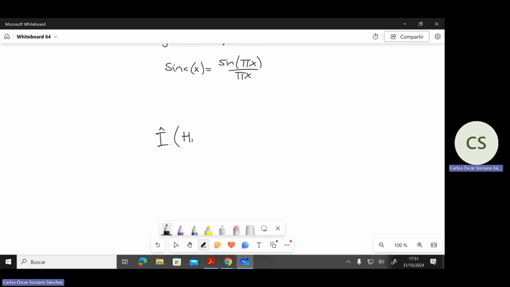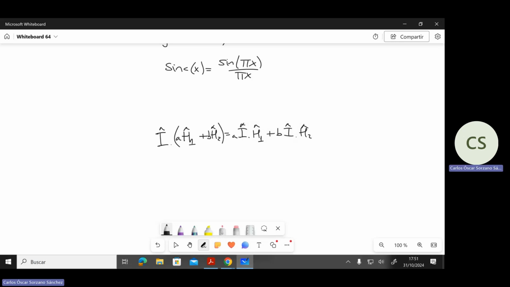This function will be a h1 plus b h2, putting coefficients a and b.